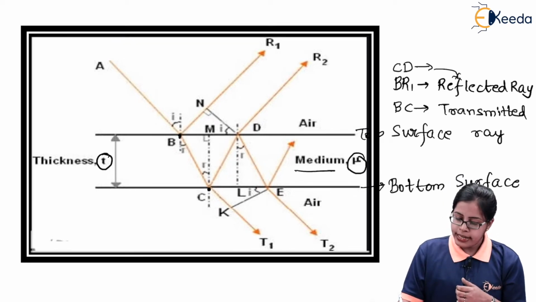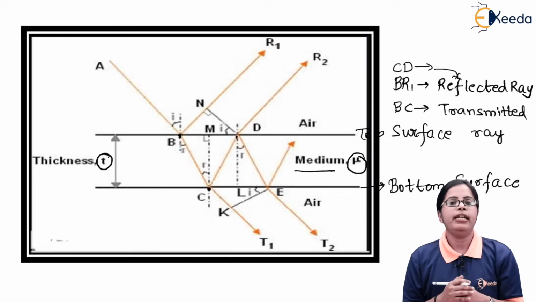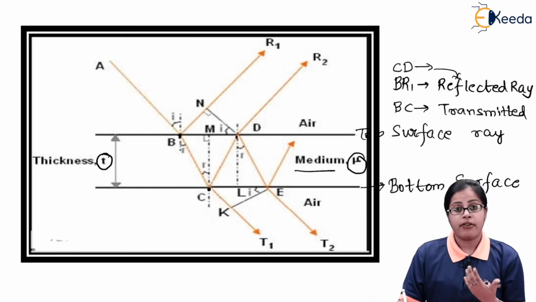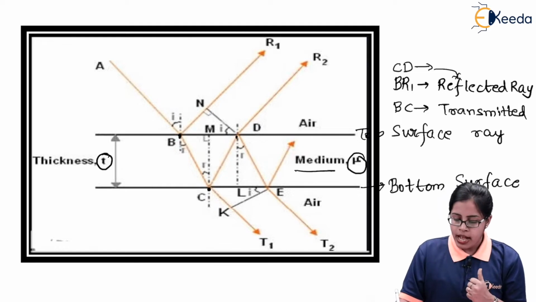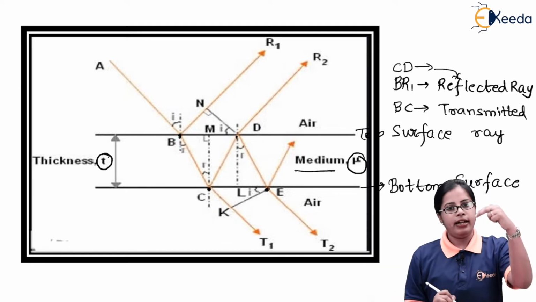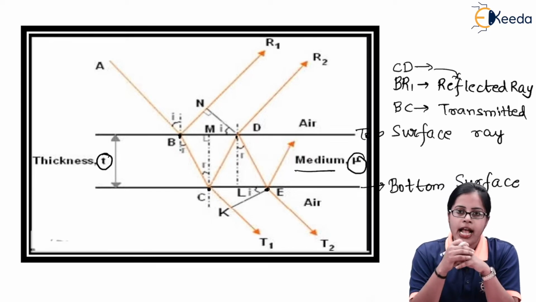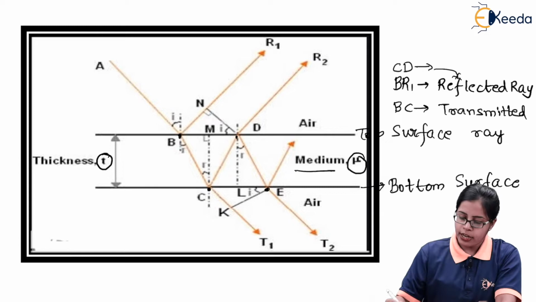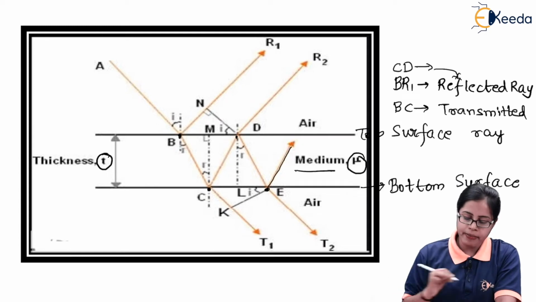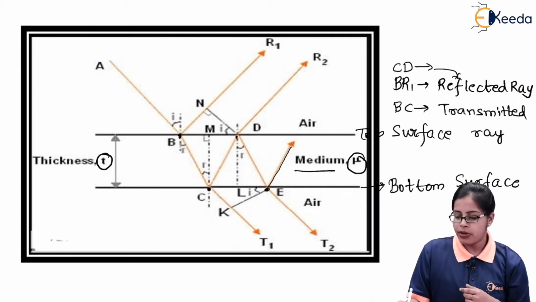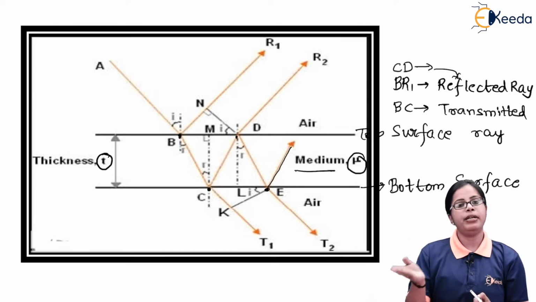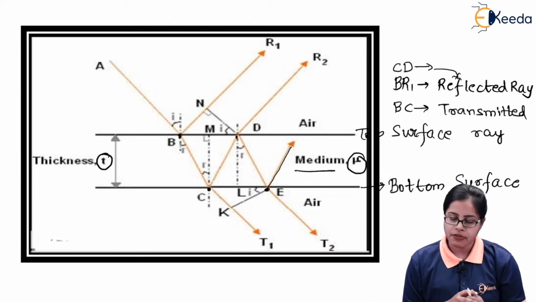At point D the ray moves forward again, and DE behaves as a transmitted incident ray. At point E, a small part is again reflected in the same medium, and the major part is transmitted along ET2, into the other medium below the bottom surface of the thin film.